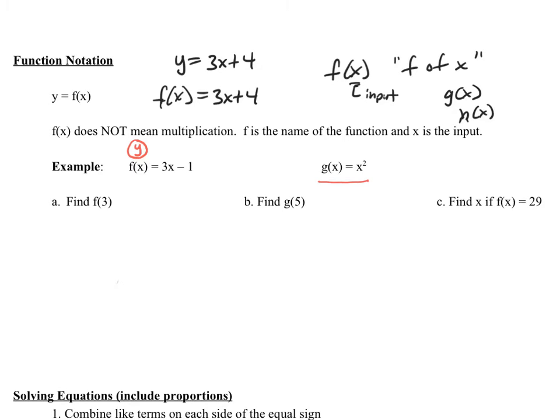So in A, where it says find f of 3, that's telling us use 3 as the input in the f equation. So I would say f of 3 equals 3 times 3 minus 1.